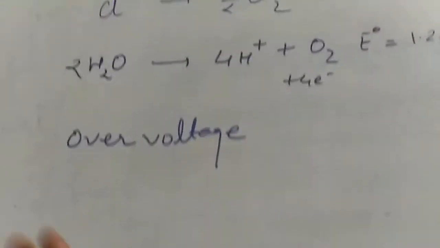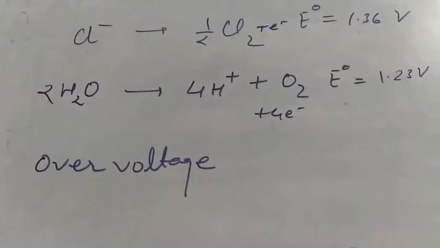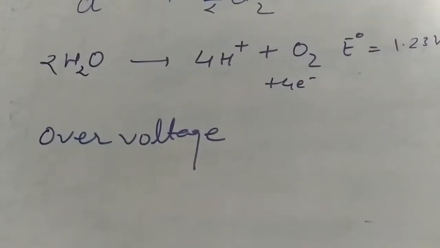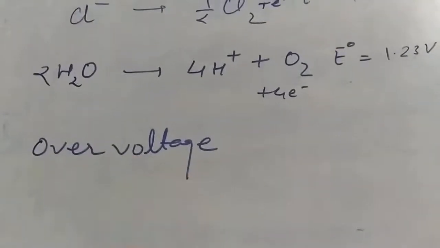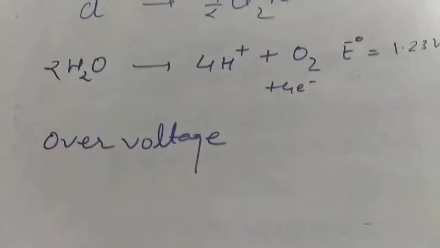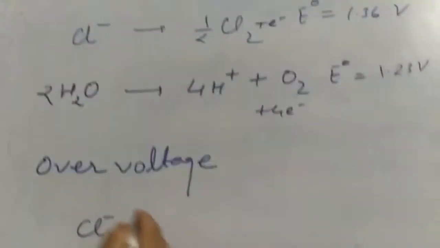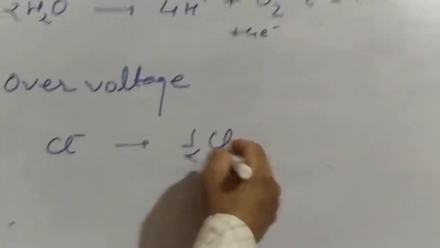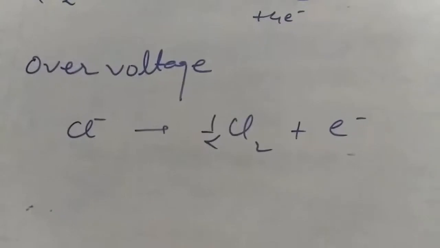It means the water molecules are creating a kind of resistance around the electrode. And to overcome this resistance, we require some more voltage, and that phenomenon is called overvoltage. And due to the concept of overvoltage, water is not going to oxidize and Cl minus will be preferably oxidized, and I have chlorine gas at the anode.